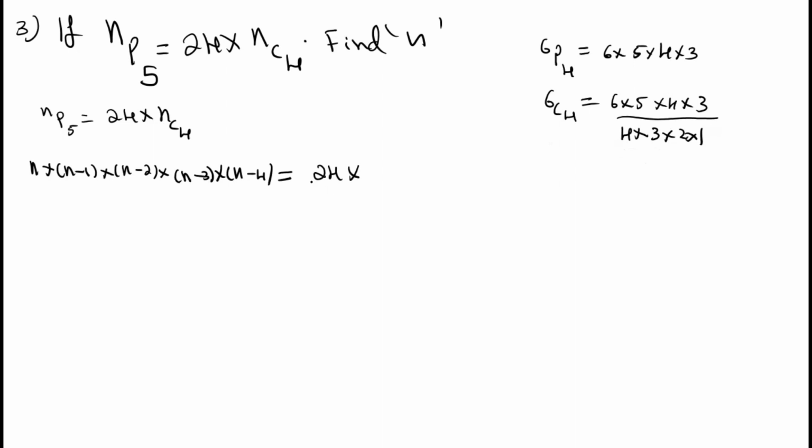So 24 into nC4 is 4 numbers in the descending order from n into n minus 1 into n minus 2 into n minus 3 divided by r factorial. 4 factorial is 4 into 3 into 2 into 1.